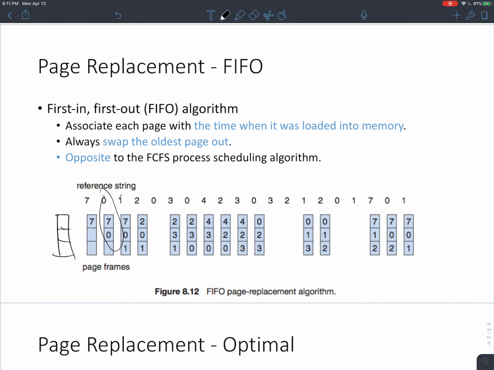Next we load the referred page whose index is 1 into the memory.